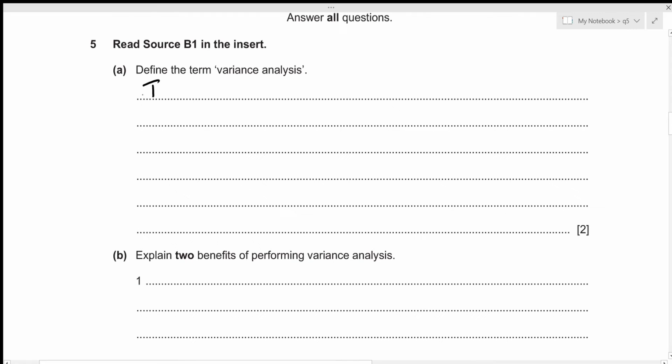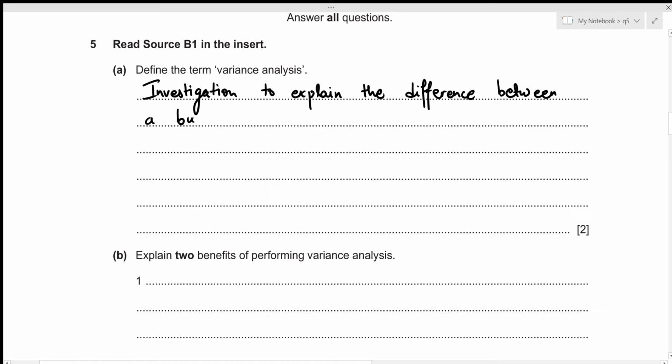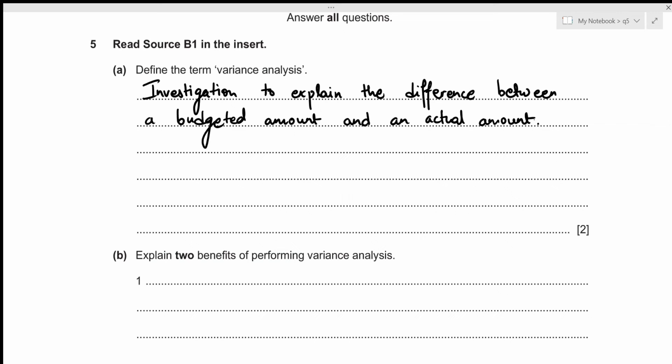So investigation to explain the difference between a budgeted amount and an actual amount. This concludes the first part of this question. We can now move towards the second one.